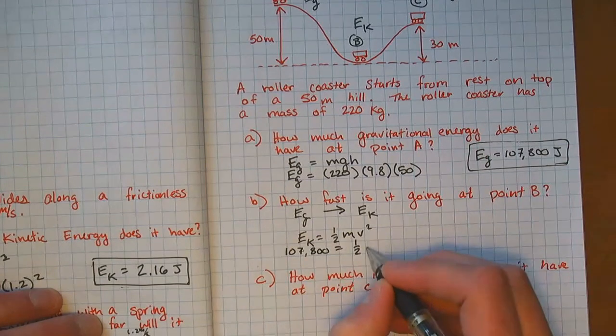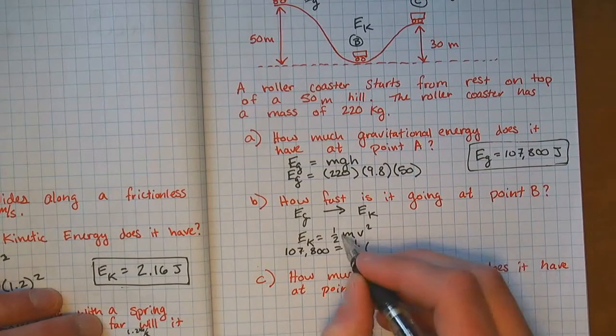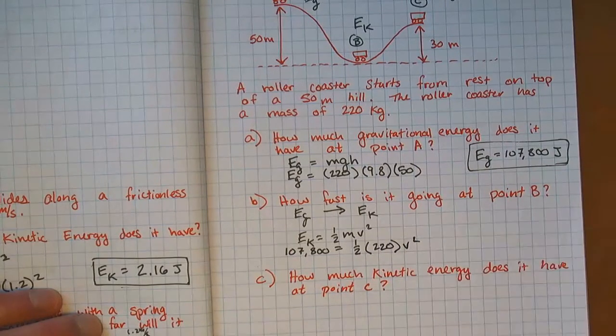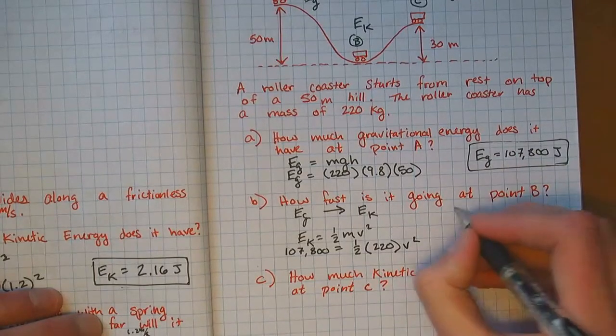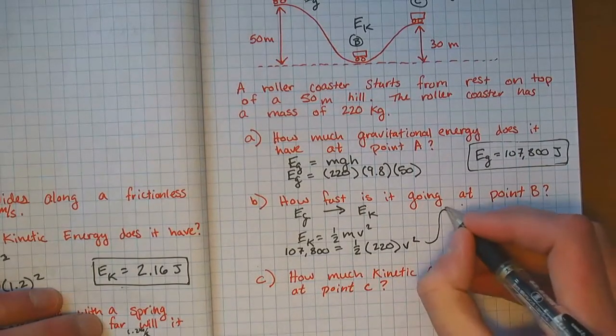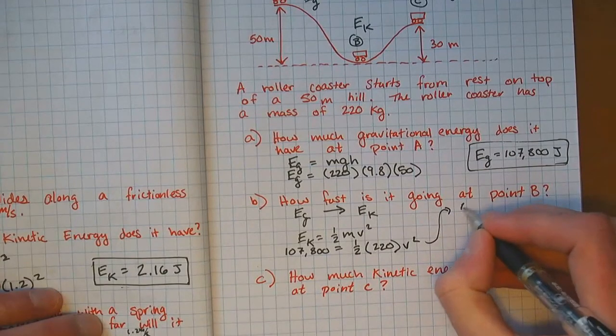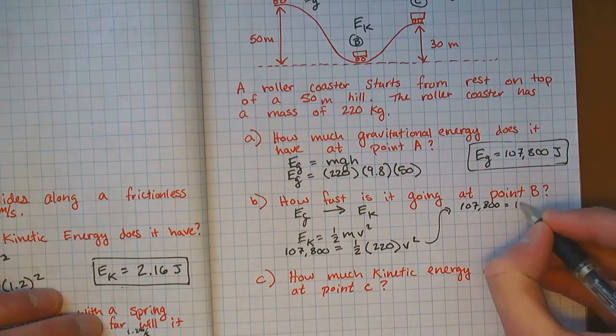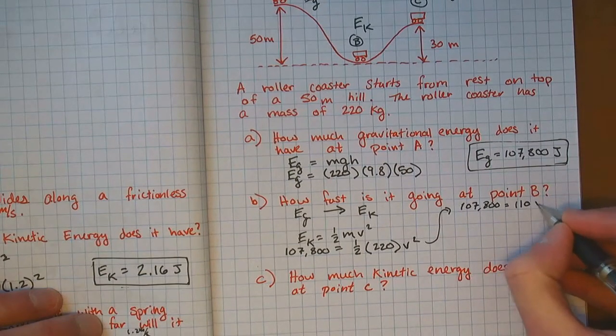We've got our equation for kinetic energy, with our mass and v squared. We're solving for v. So 107,800 is equal to 110 v squared.